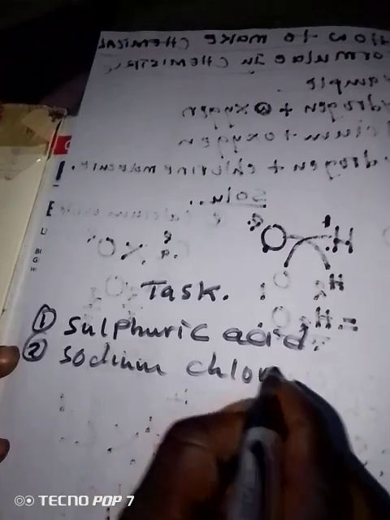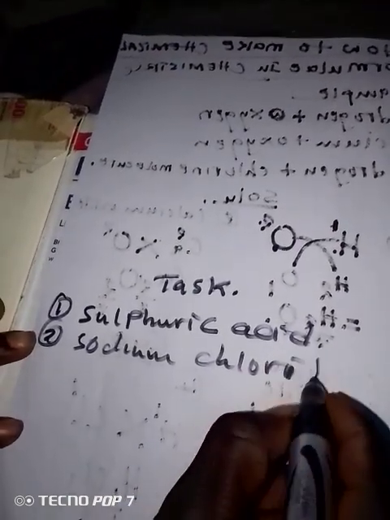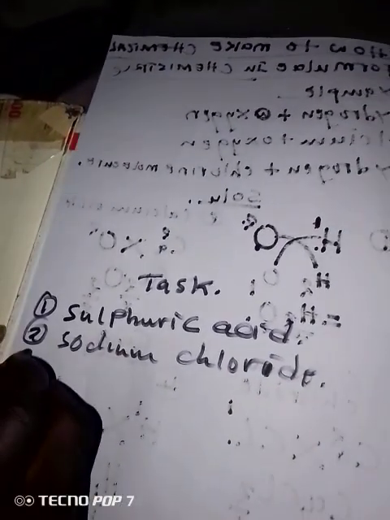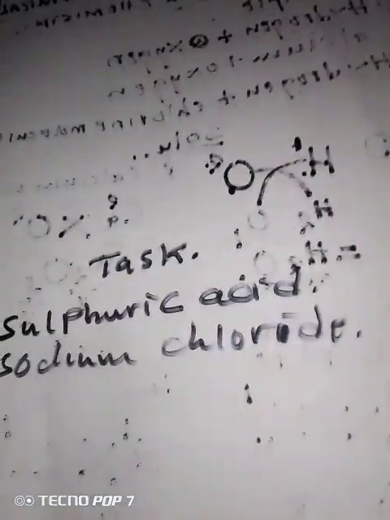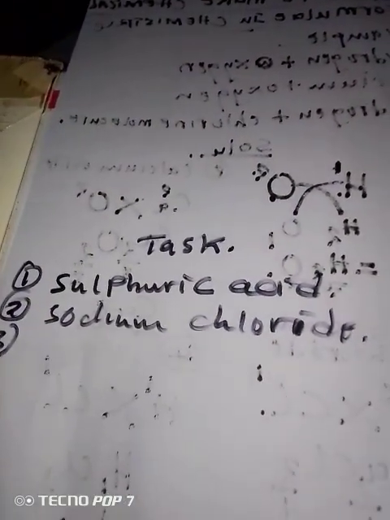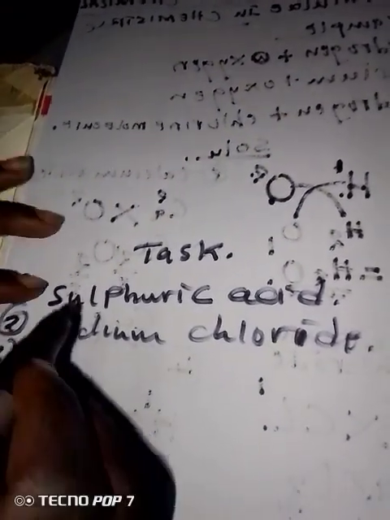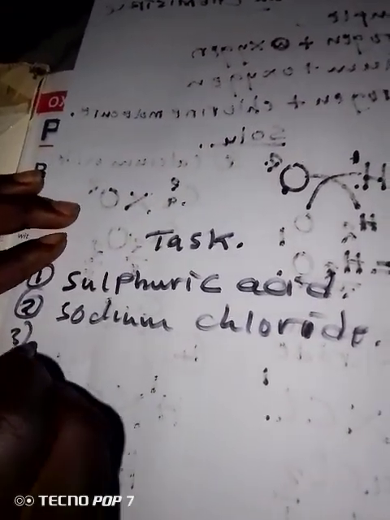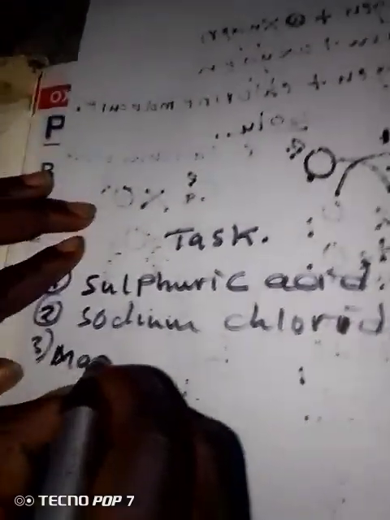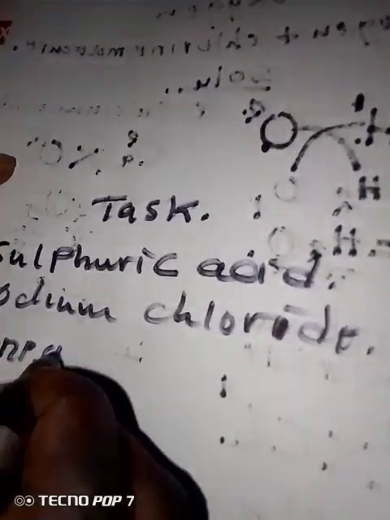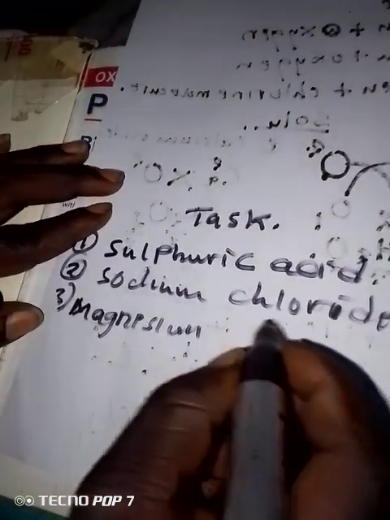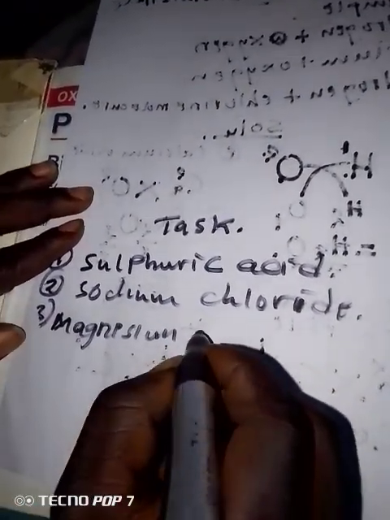Then the last one, make magnesium oxide. You have to make sure you know their symbols.